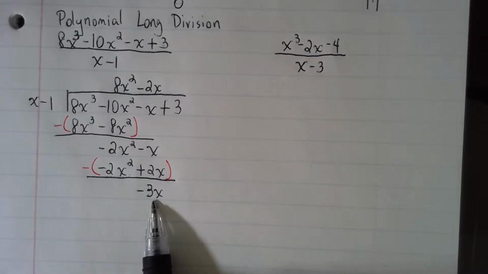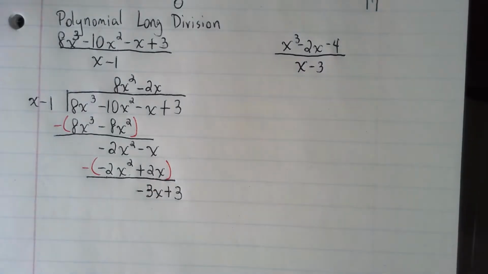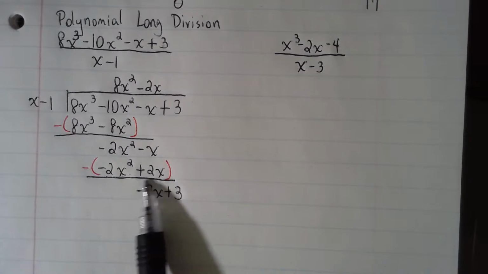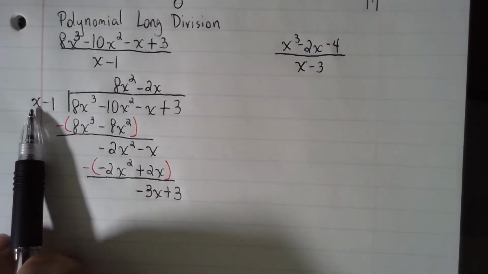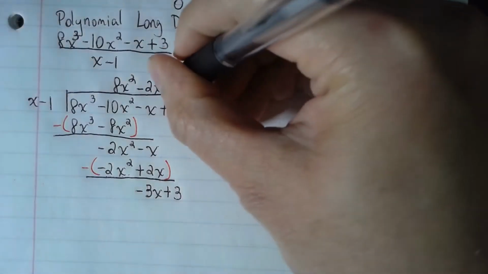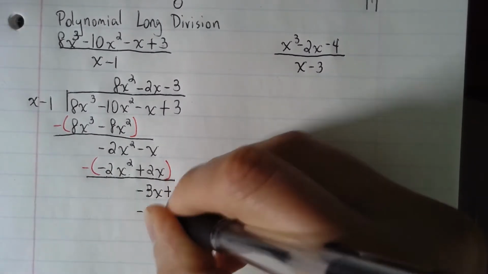I have one term left. I need one more term to move on, and that's why I'm going to bring down positive 3. Our goal once again is to match this completely, this first term of negative 3x. So what do I multiply by to get negative 3x? In this case that will be negative 3. Negative 3 times x is negative 3x.